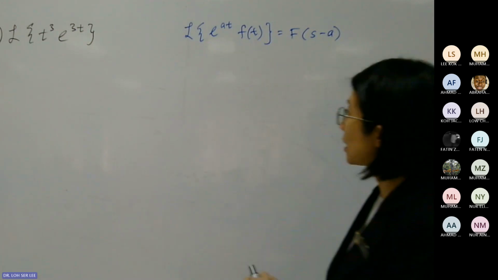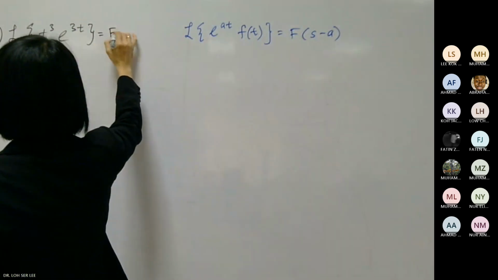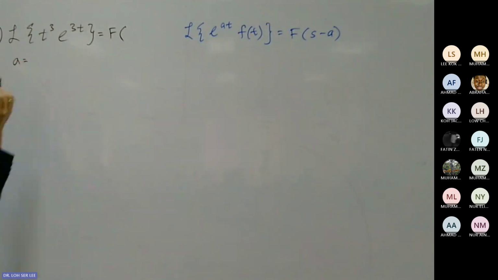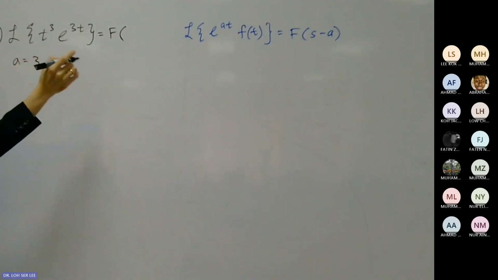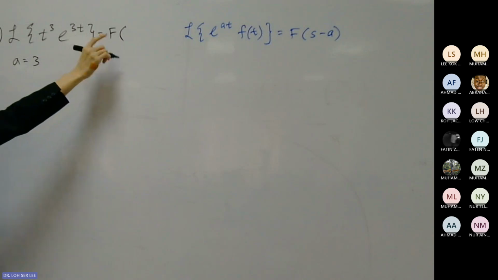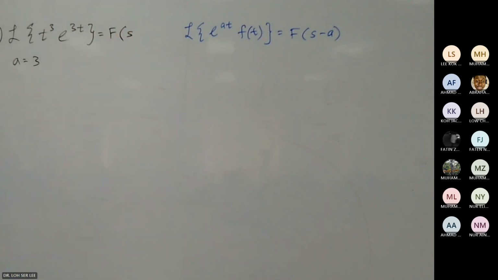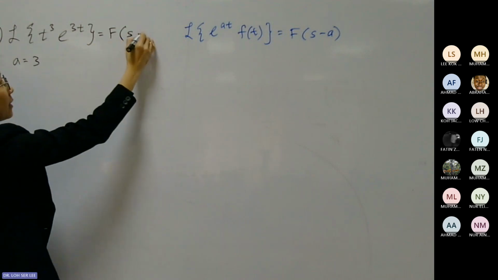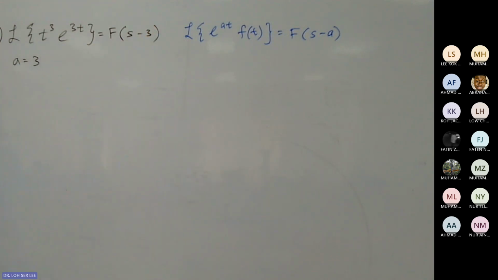So this one, what is your a? 3. Okay, a is 3. So according to the formula, we have F(s minus 3).